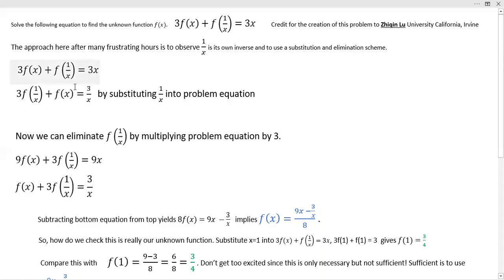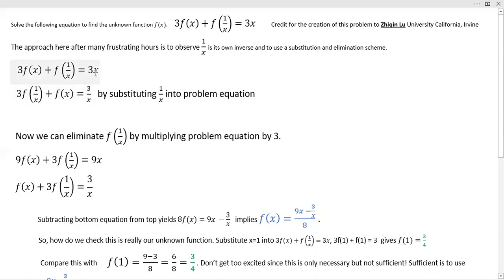So you can see right here, all I've done is substitute 1 over x into the problem equation, right? And so you see, I just replaced x with 1 over x right there. I made use of the truth that the reciprocal of a reciprocal is the number itself right there.